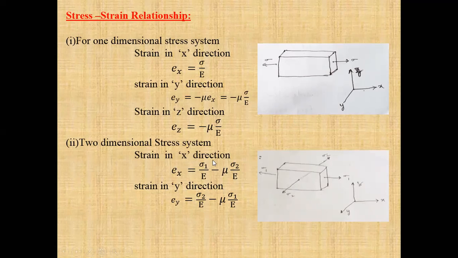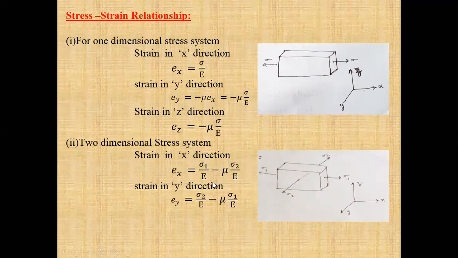But for strain in x direction, there are two stresses applied. Because of this sigma 1, it is a positive strain. Because of this sigma 2, a negative strain, which is mu into sigma 2 by E, because it is lateral strain due to sigma 2. So this is strain in x direction, cumulative. The net strain in the x direction is this much.